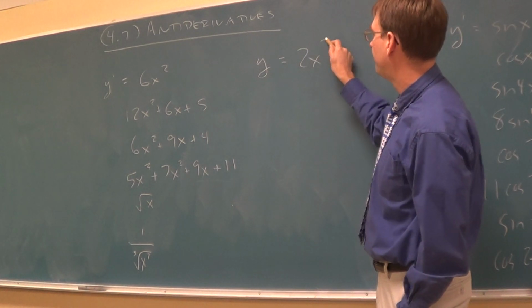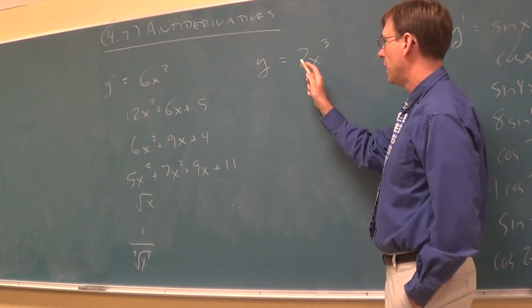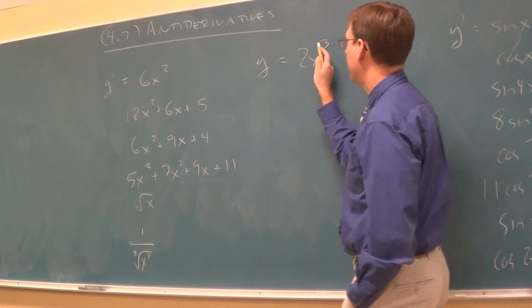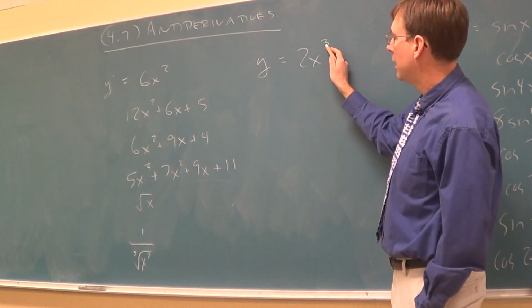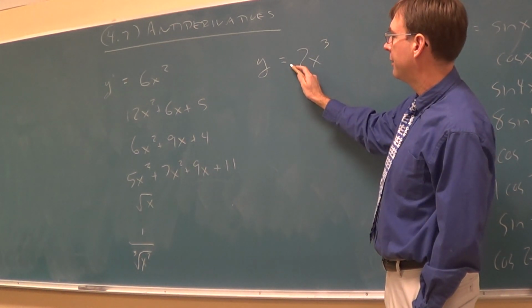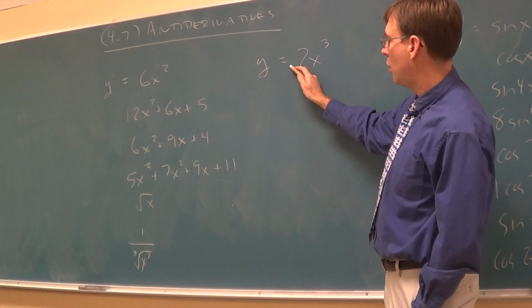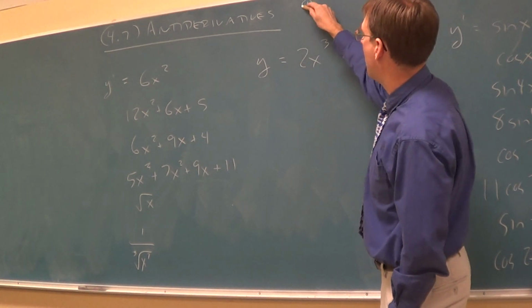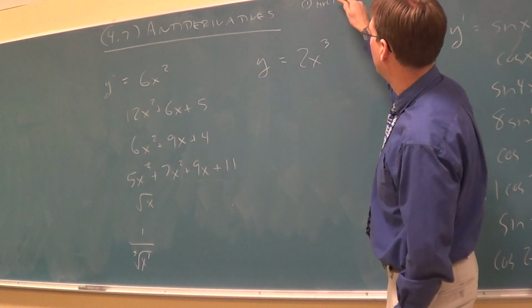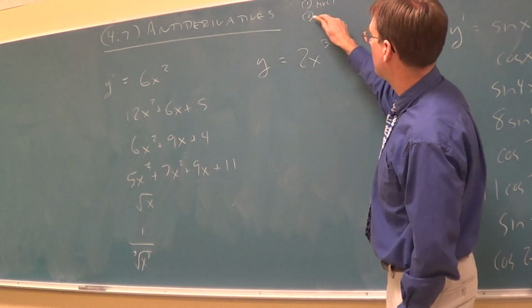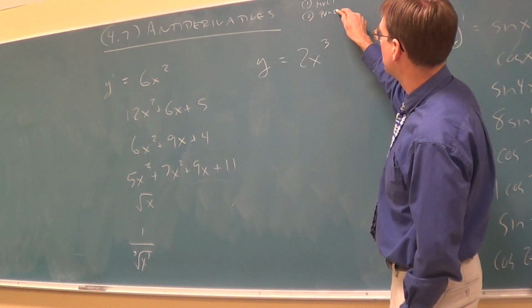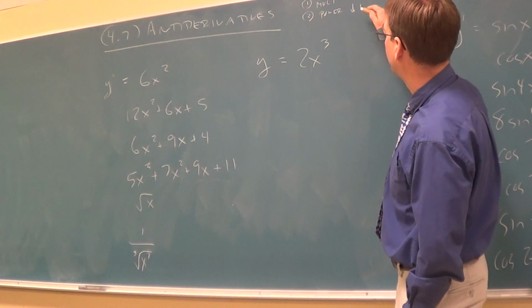2x to the third. So what we're used to doing when we go in a derivative way, we take the power and it goes to the front and it multiplies. So usually we've been going step 1, multiply. Step 2 is the power goes down 1.